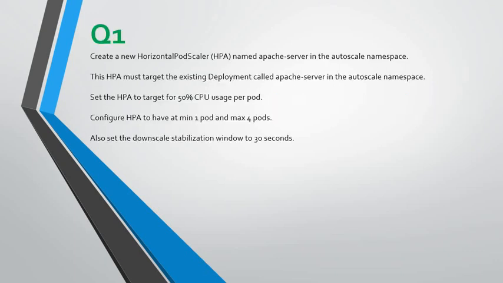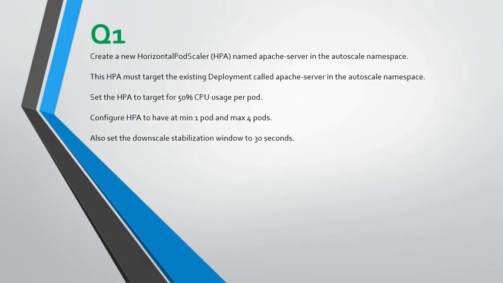The first question is: create a new Horizontal Pod Autoscaler named apache-server in the autoscale namespace. This HPA must target the existing deployment called apache-server in the autoscale namespace. Set the HPA to target 50% CPU usage per pod.